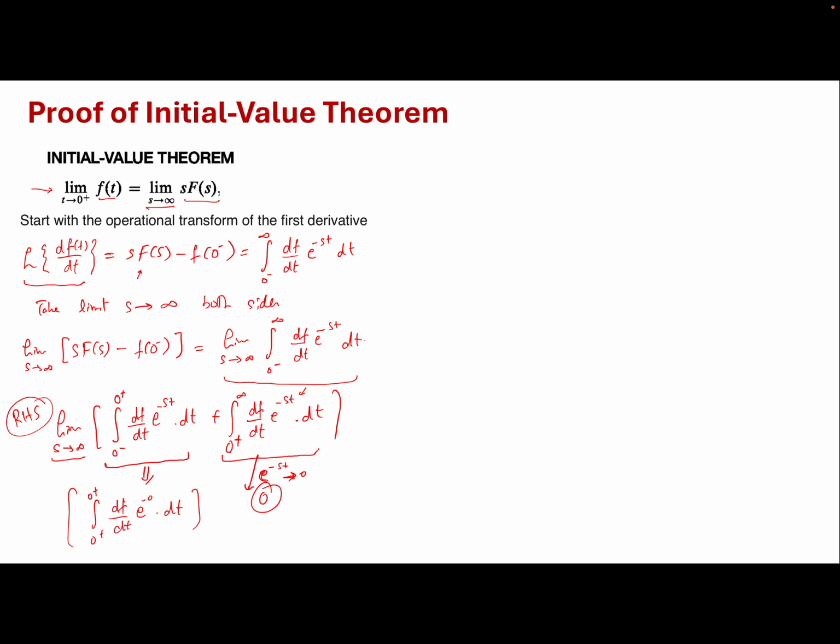And again, you can take a limit as s approaches infinity. So my right hand side will be reduced to the limit as s approaches infinity of the integral from 0- to 0+ of df/dt times dt. This is a simple identity and I can solve it as f(0+) minus f(0-). So this is the right hand side.